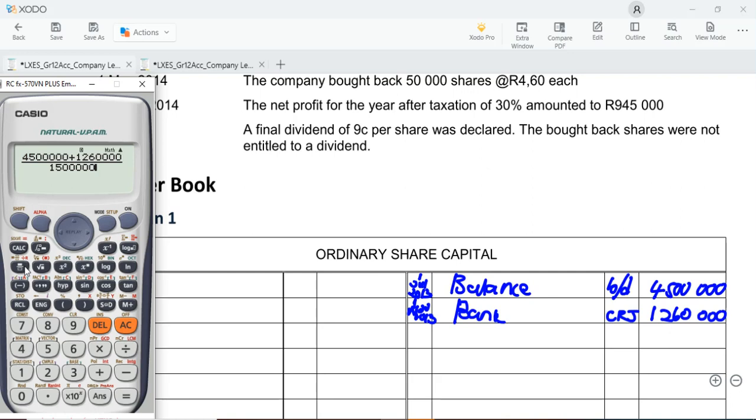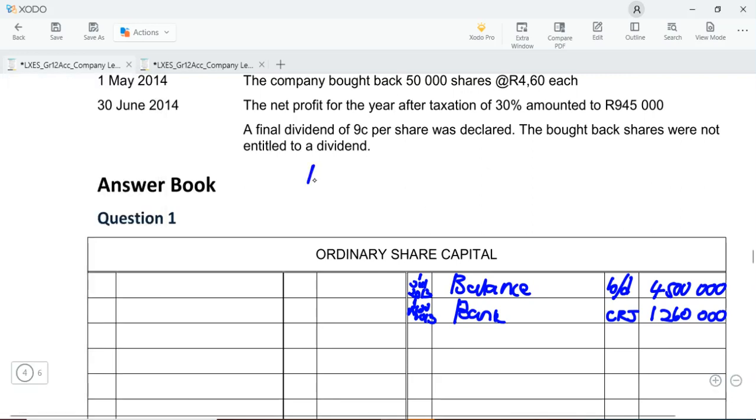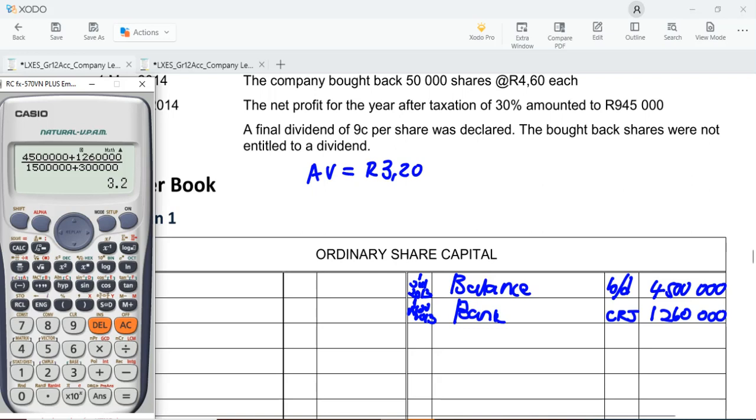And then we're also going to add 300,000 shares that we issued during the year, and let's see how much we'll get. The average price that we got here is 3 rand 20, which means our average price is close to 3 according to the calculations from here.